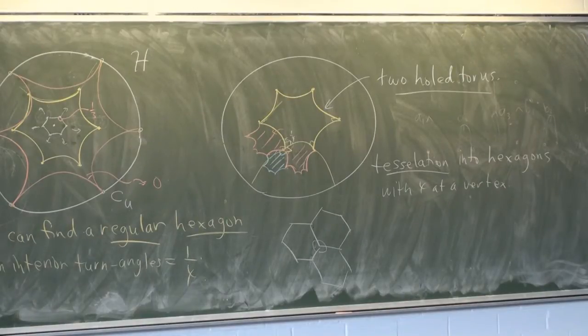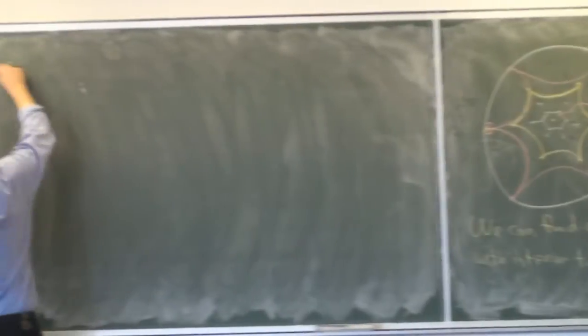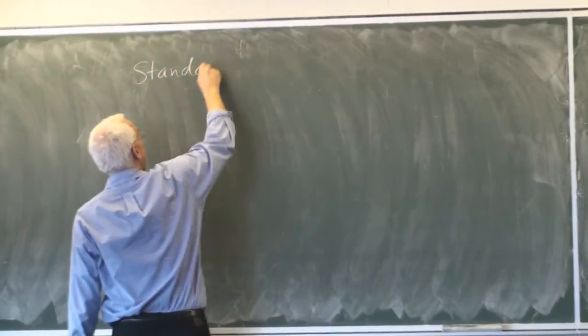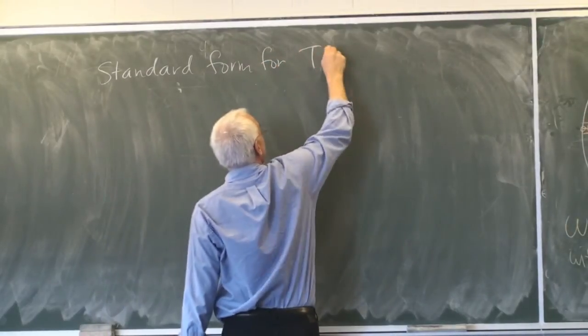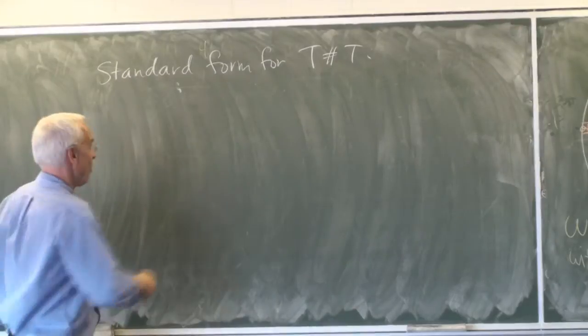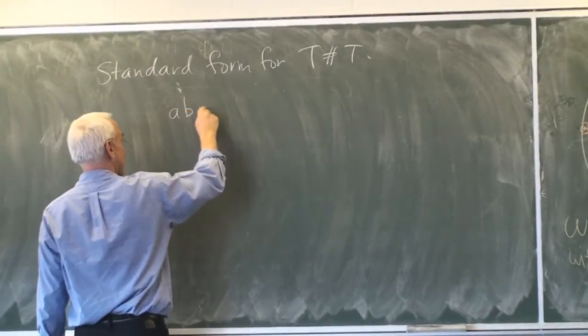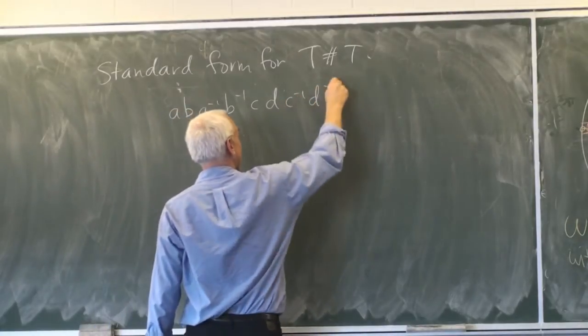But in the proof of our main theorem, remember we got our standard form for our surfaces. So the standard form for our 2-hole torus was this: A, B, A inverse, B inverse, C, D, C inverse, D inverse.